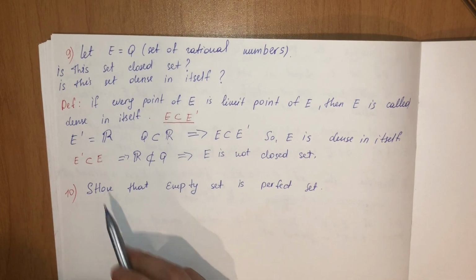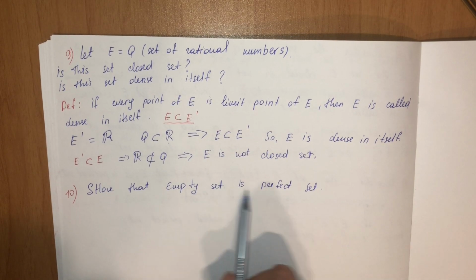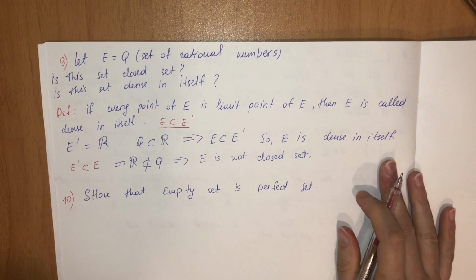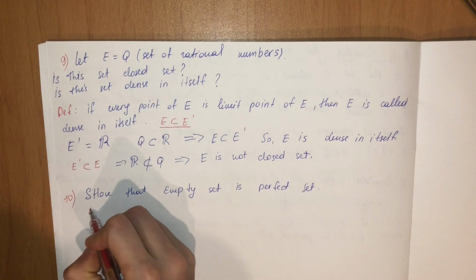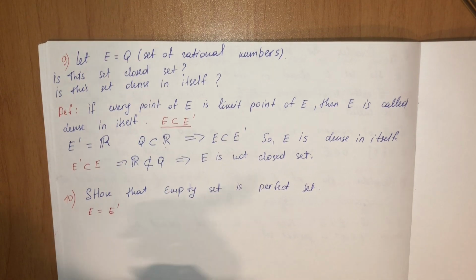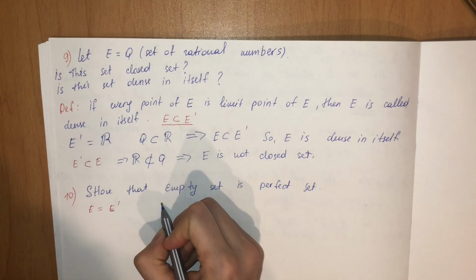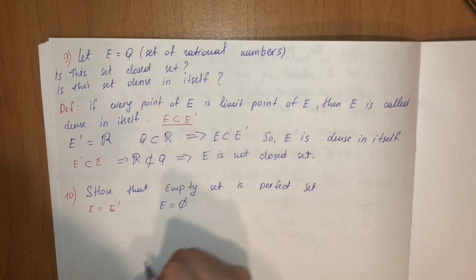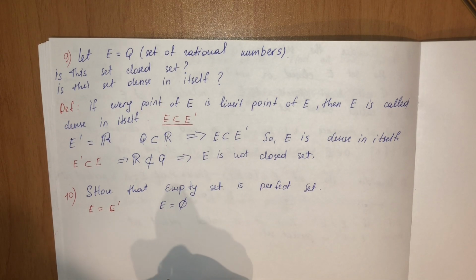Next example, show that the empty set is a perfect set. So what was the condition of a perfect set? E should be equal to E prime. Our set E is the empty set. Yes, it has no element.